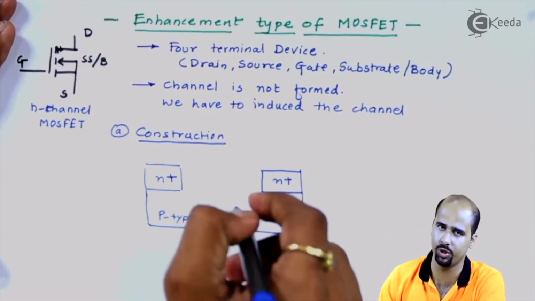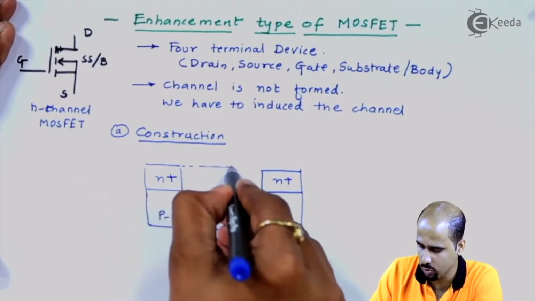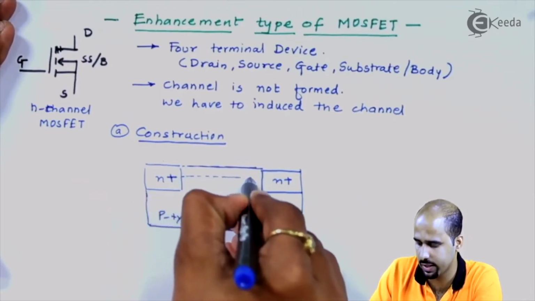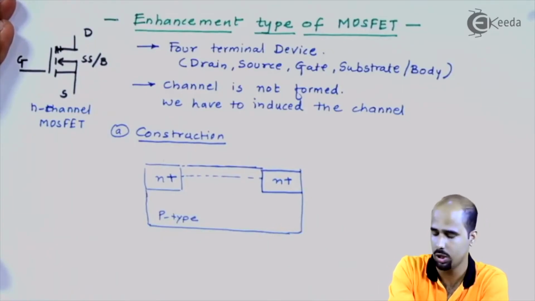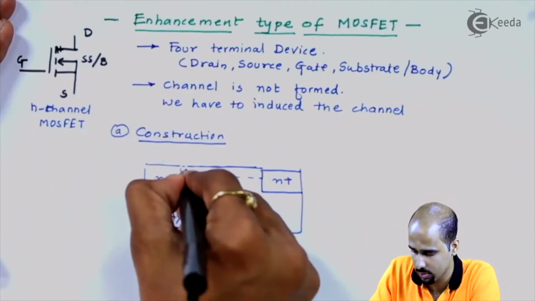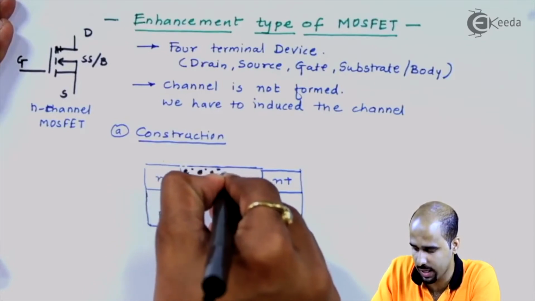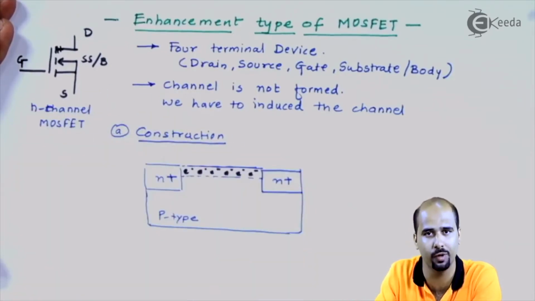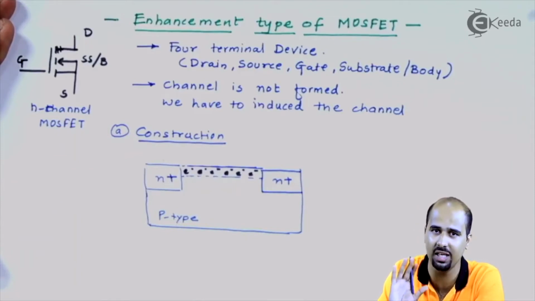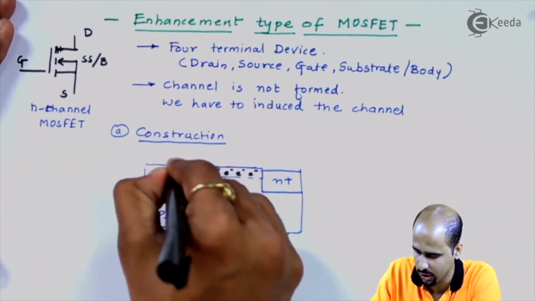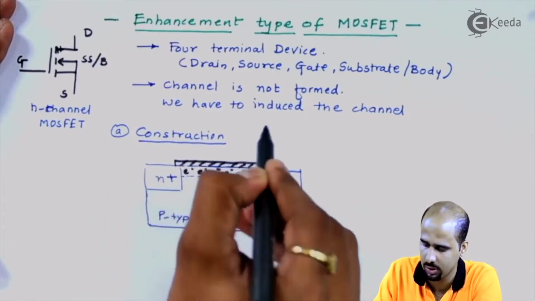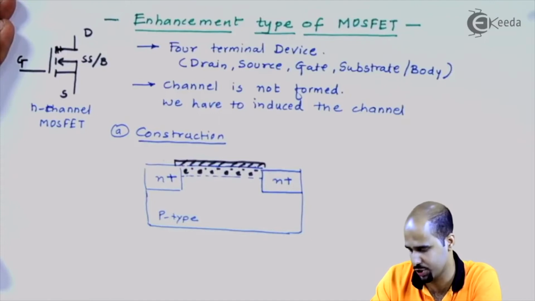Okay, and here the channel will get induced due to the external supply. I'm assuming that I have done the operation of accumulation, depletion and inversion, and the MOSFET I get after that is the enhancement type of MOSFET.